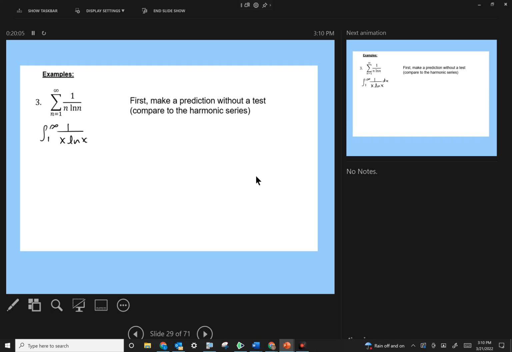Why? Because it's not a geometric. When I do the limit, I'm going to get 0. So I would try an integral test. It's not a P series. How would I do this integration? What would I let u equal? Yeah, when there's a log, we always let that be our u. So if u is natural log, your du.